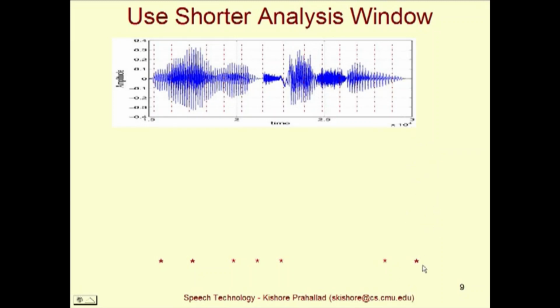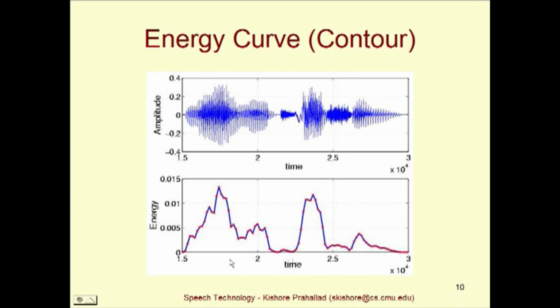If I plot these energy values, that's what I'm going to get here. For each analysis window I get a point here. Then I connect all of these points, the red stars, through a line, and that's what the smooth curve is about. This is called the energy curve or energy contour.